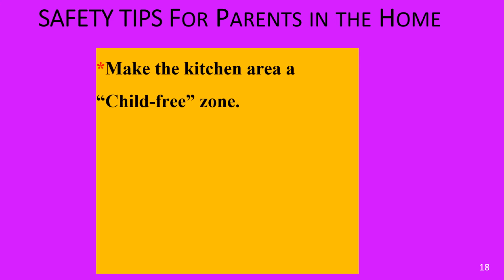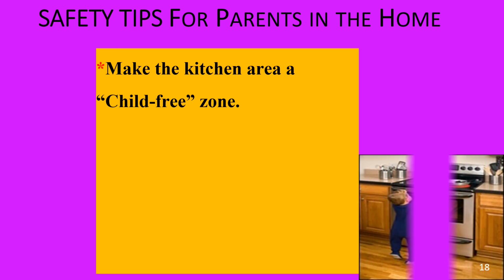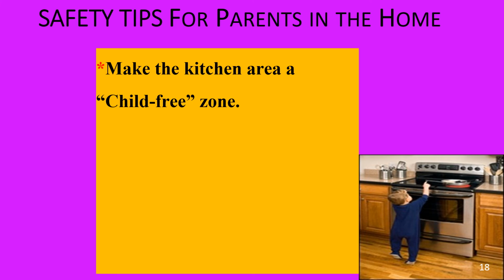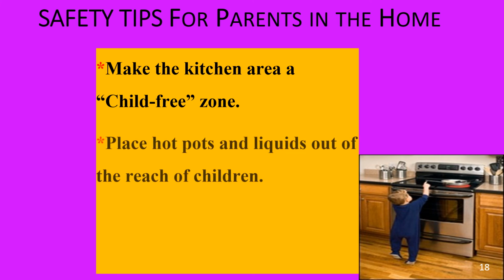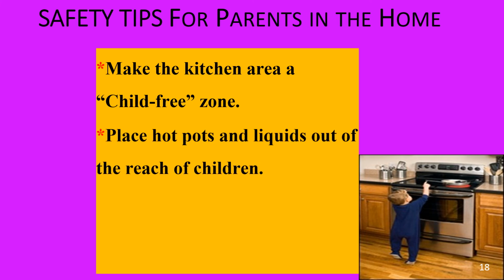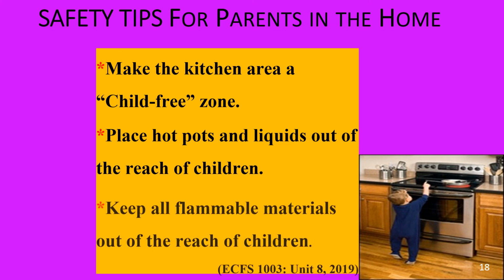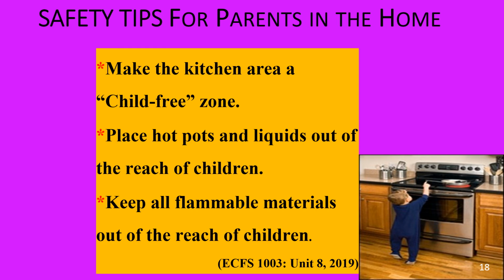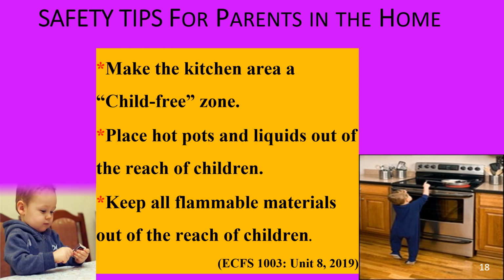That is, make sure you supervise your child when he is in the kitchen, so that he does not climb up on the stove and pull down hot pots that contain hot water on him and burn him. When you are cooking, use the two back burners of the stove and always turn all pot handles inward.